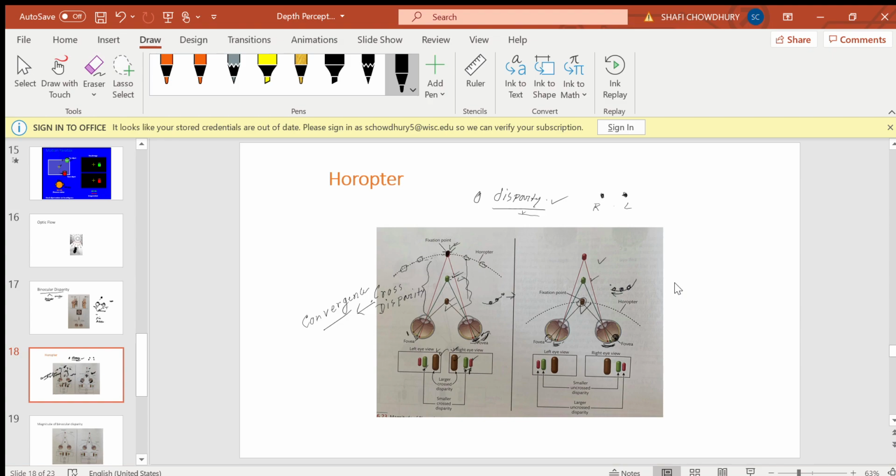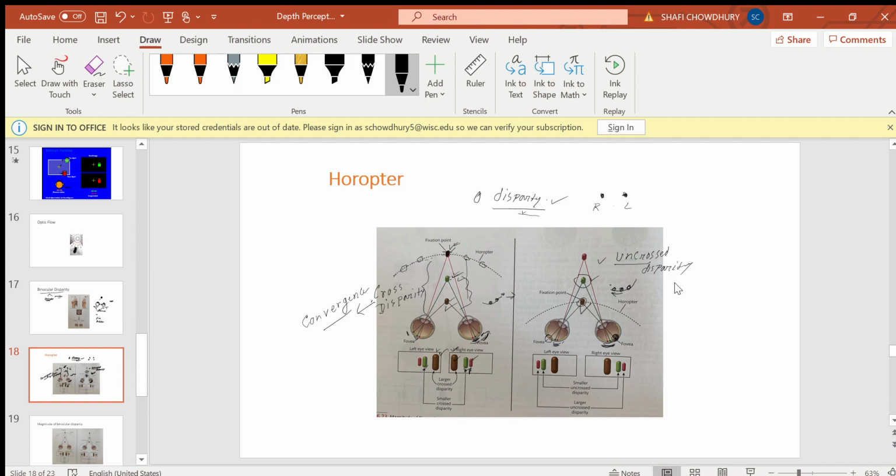So this is called uncrossed disparity. Here you see all are uncrossed.